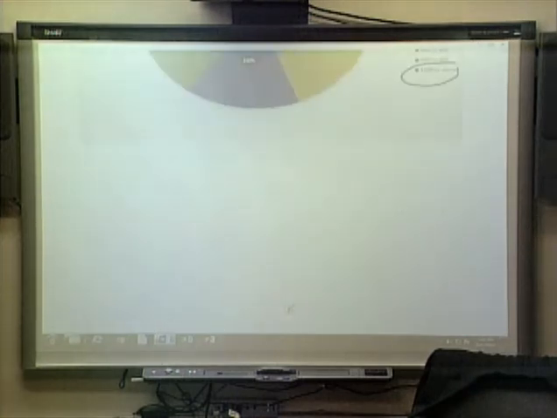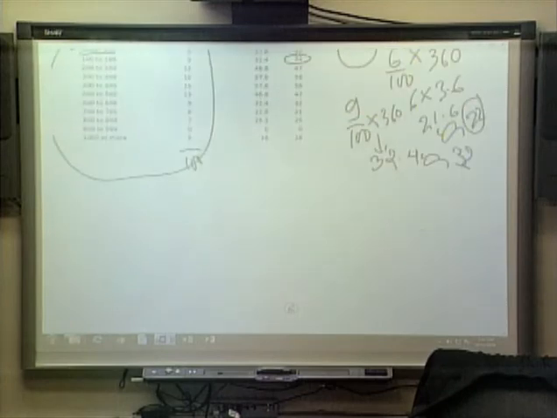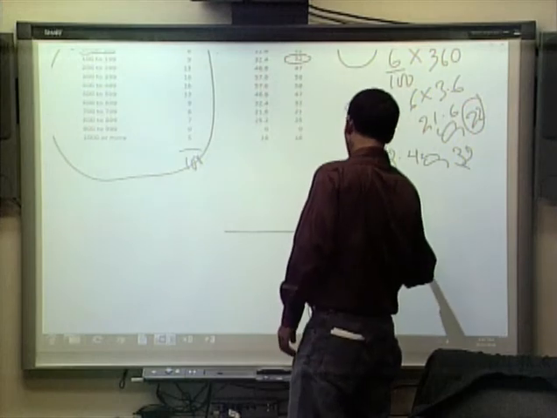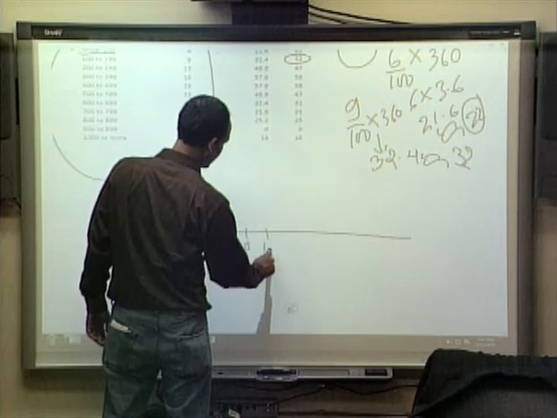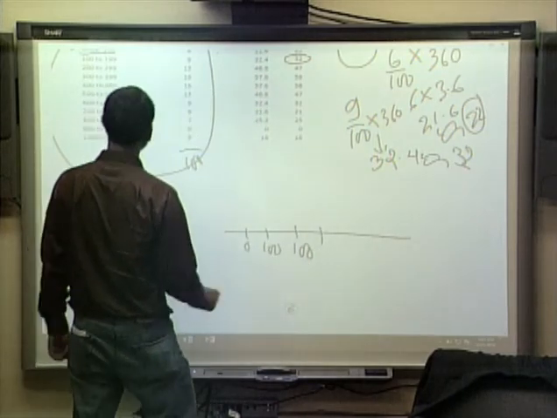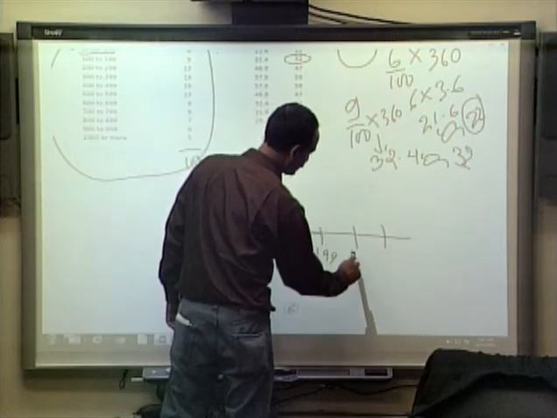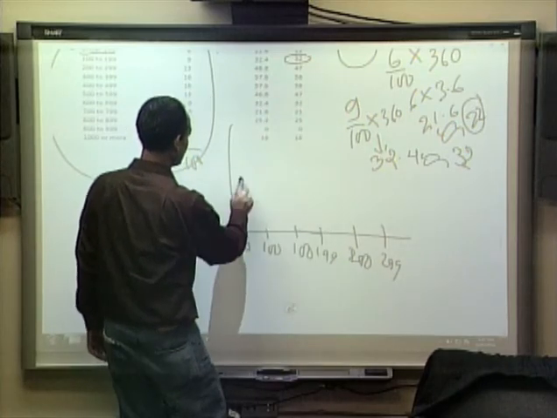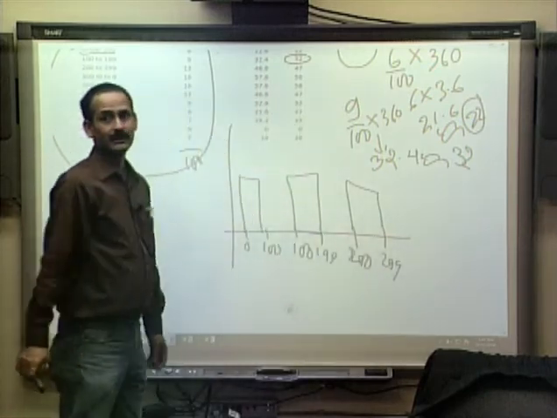Okay, now in order to construct the bar graph, remember, in the bar graph we put the categories here. So one of the categories is 0 to 100, and another category will be 100 to 199. This is another category, another size is 200 to 299, and we draw vertical bars representing what percent of the schools are in that category.